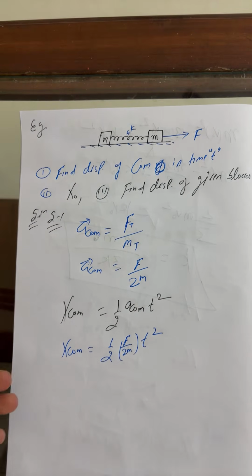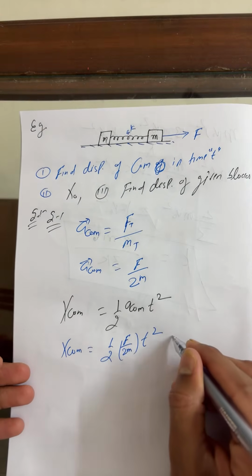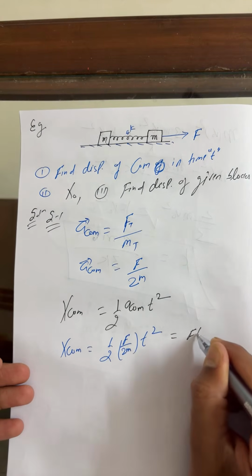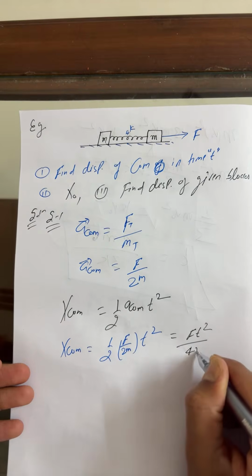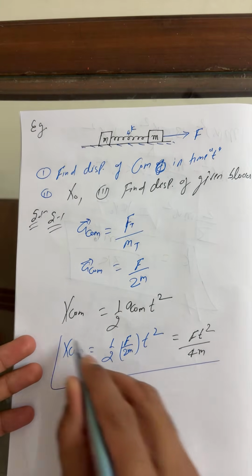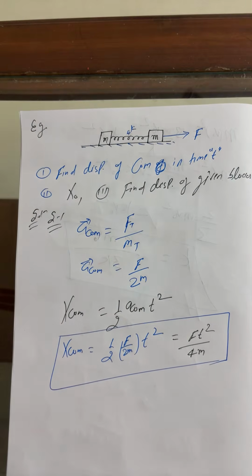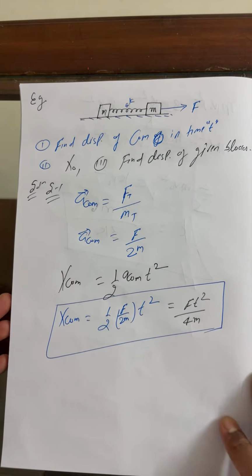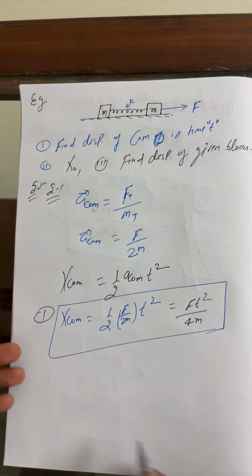Finally you can write F t square upon 4m. This is x_cm, the answer of the first part.